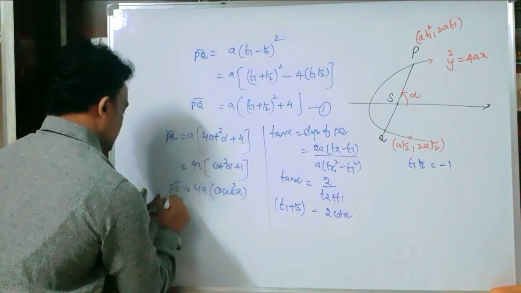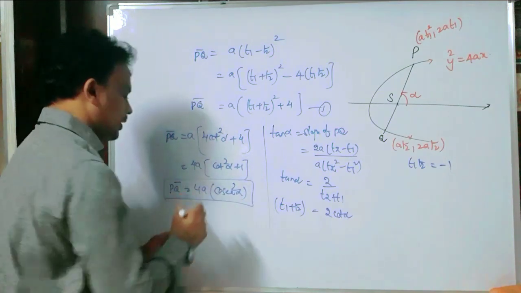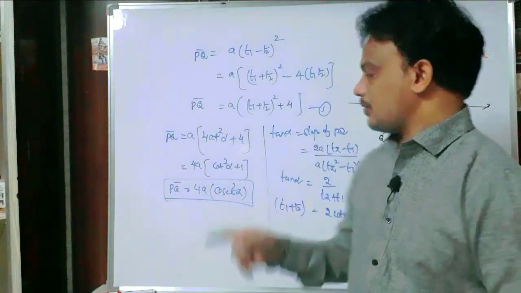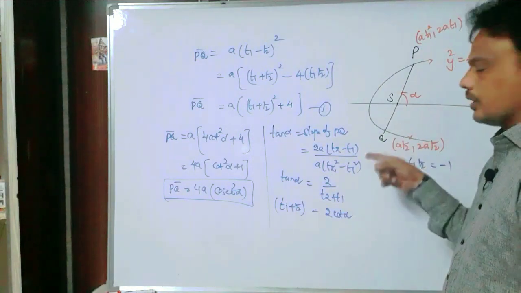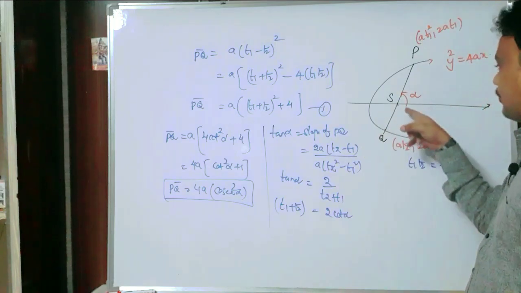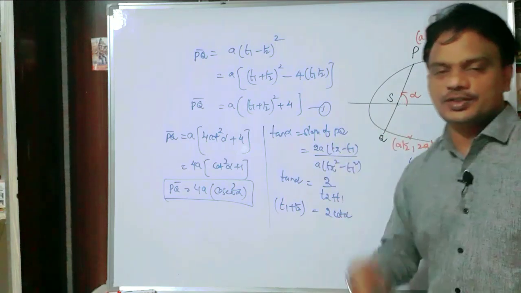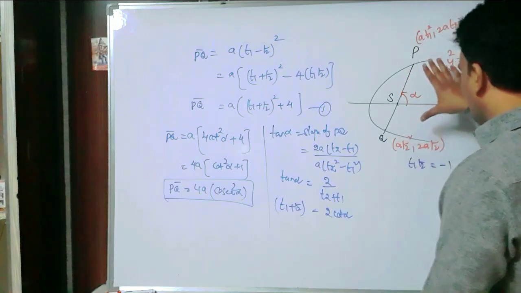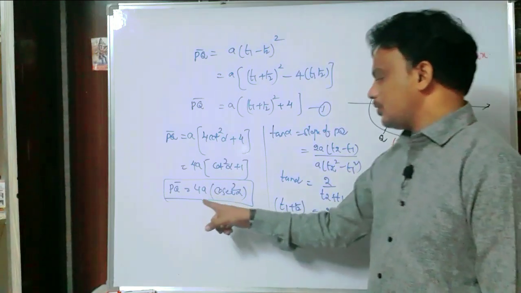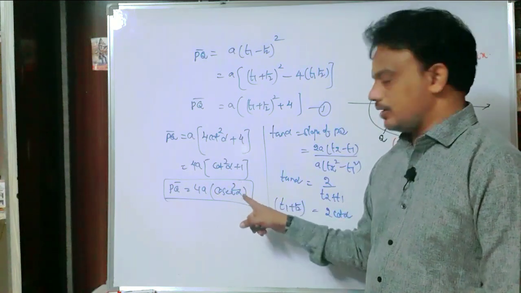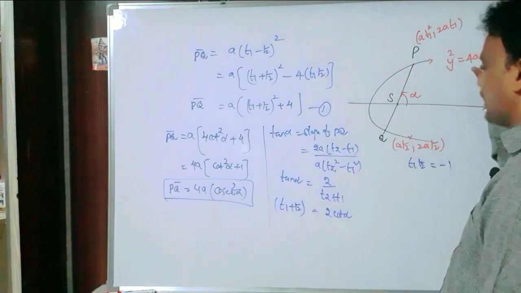This is the length of PQ. So what is this finally? If PSQ is a focal chord which makes an angle alpha with the positive direction of x axis, which is called inclination, then the length of PQ in terms of alpha is 4a cosecant square alpha. So 4a is the length of latus rectum.